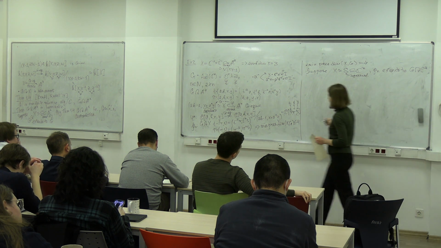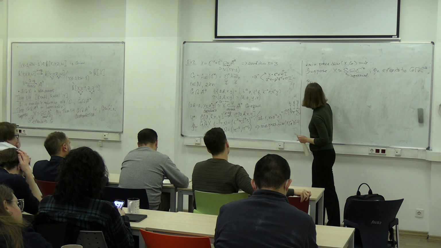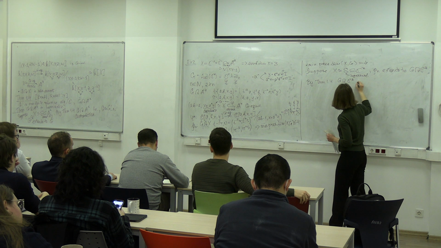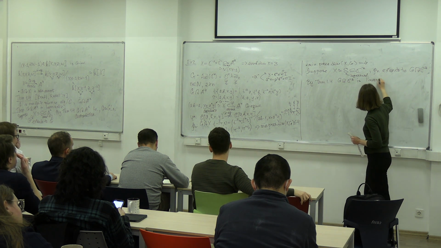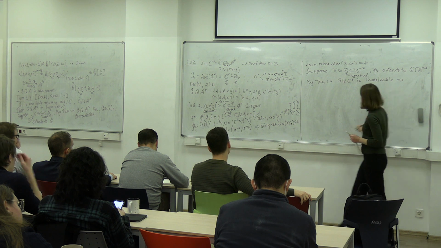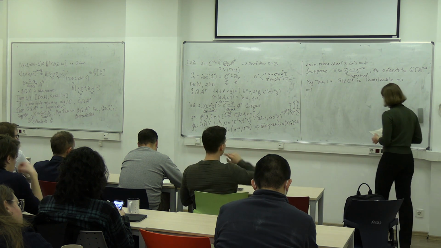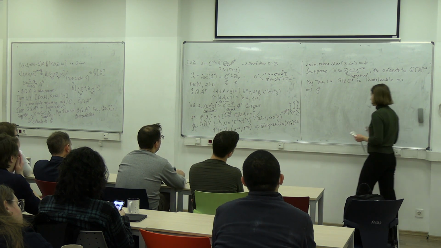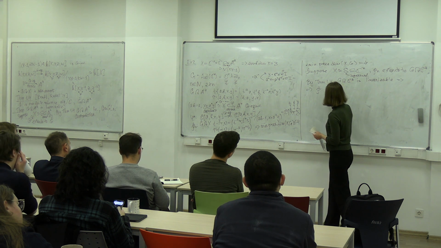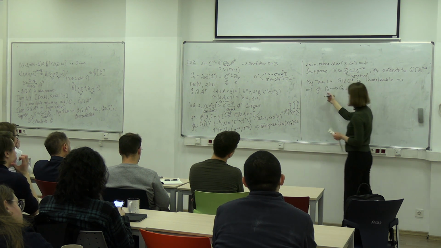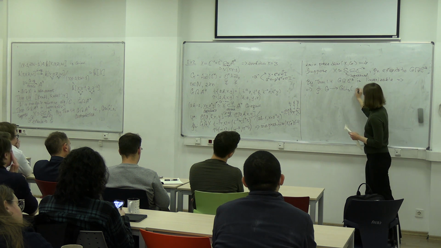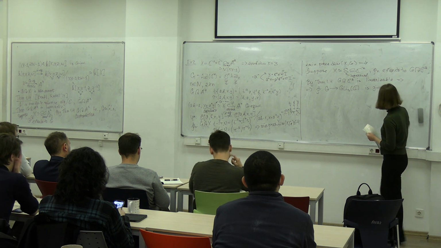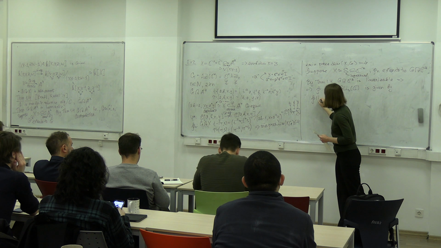By theorem 1.4, this action is linearizable. So this is a linear action, a representation of G, and it is given by the images of elements T and tau. So it is given by rho tau, rho T.